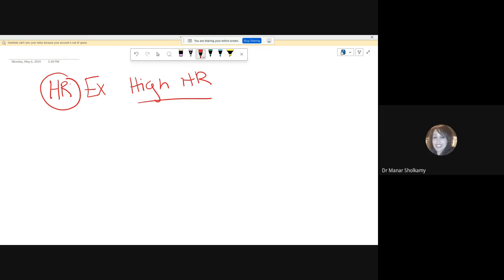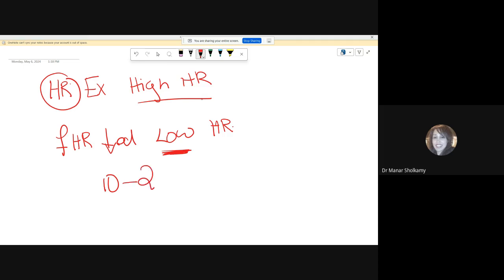And then they said the final heart rate after the exercise, of course, decreased, so you will have a low heart rate. So calculate the percentage change in heart rate. You will start with the smaller number, let's say 10 minus 20, divided by 10. The 10 is the final heart rate, which decreased because you stopped exercising. So the answer will be negative.